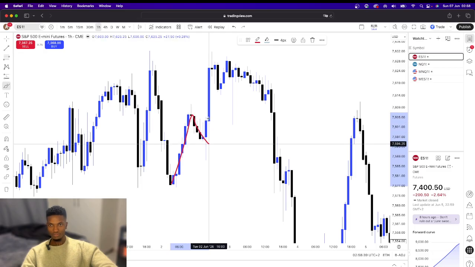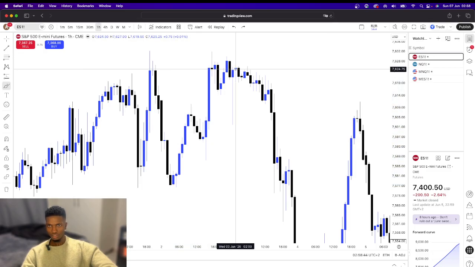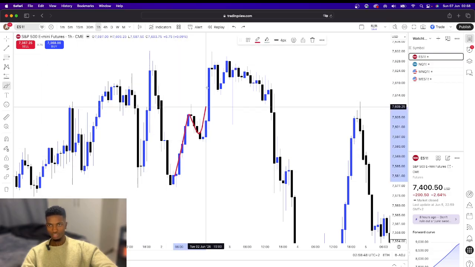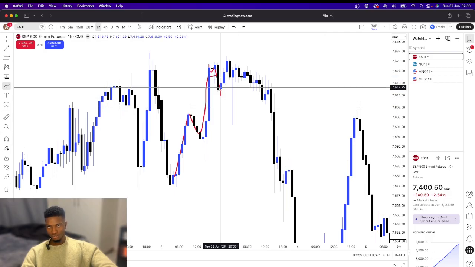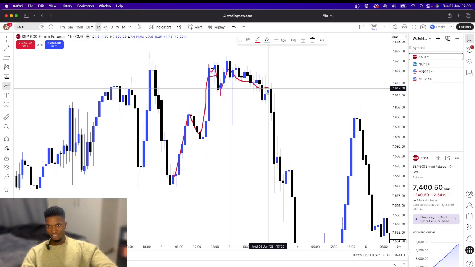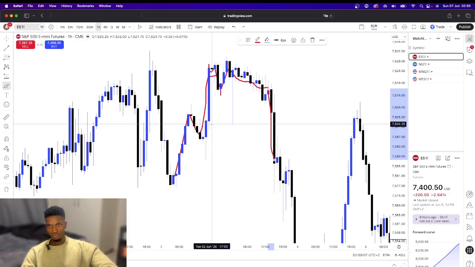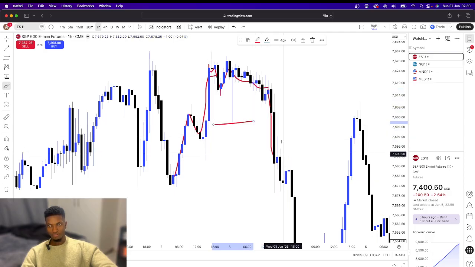So move up and move down and move up. Then let's see. I move down here. So move up, move down, move up. We have a move down here, then move up and move down. We broke structure down here. Then we started ranging. We put out that wick, which doesn't mean much up until we close with the full body, right? So started ranging. Then we closed below this low with a full body.